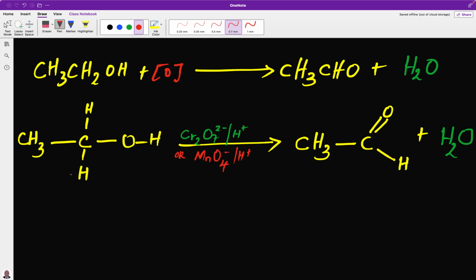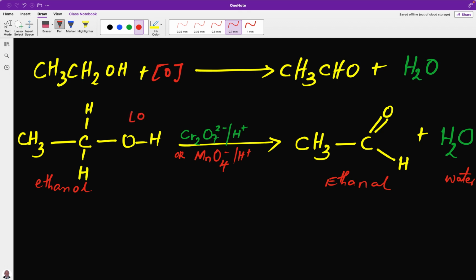Here we have ethanol, and this is water. What is happening here, just take a look at it.